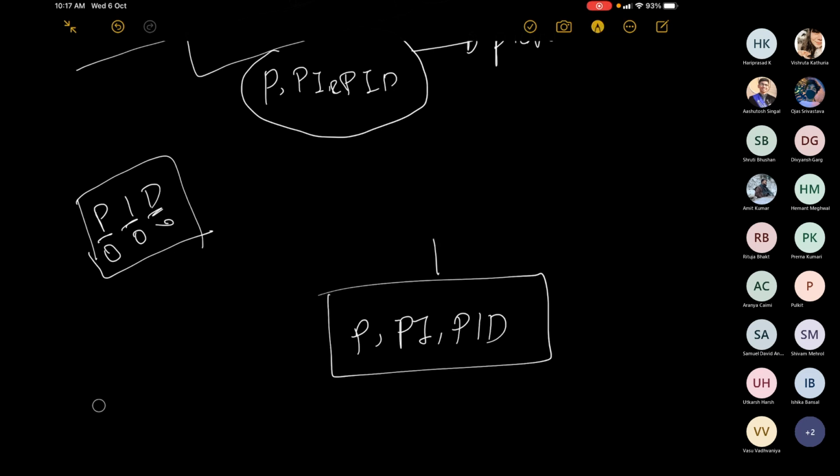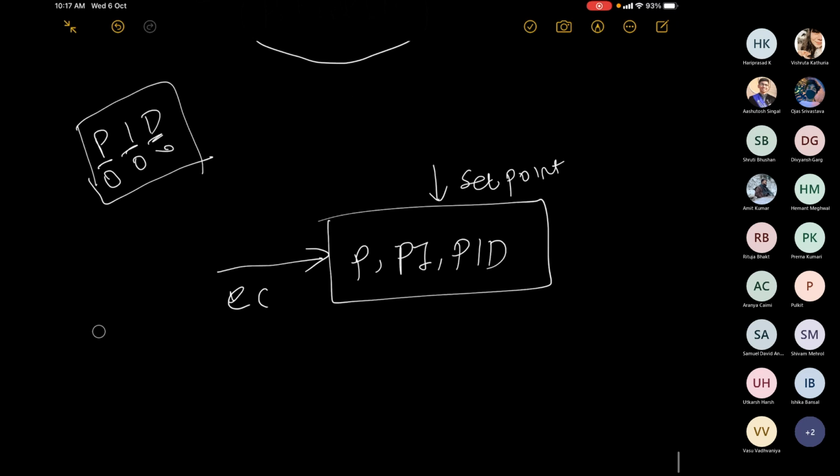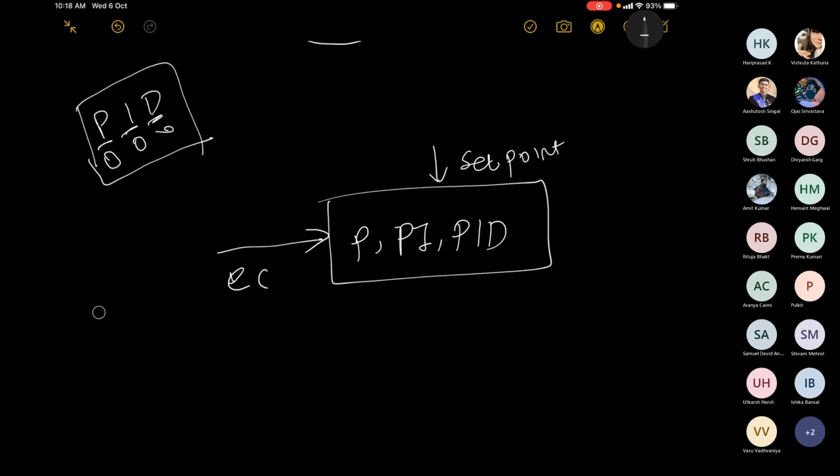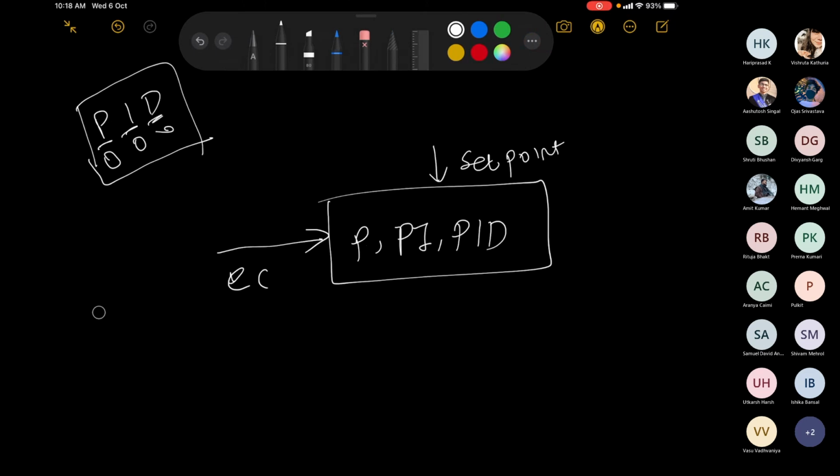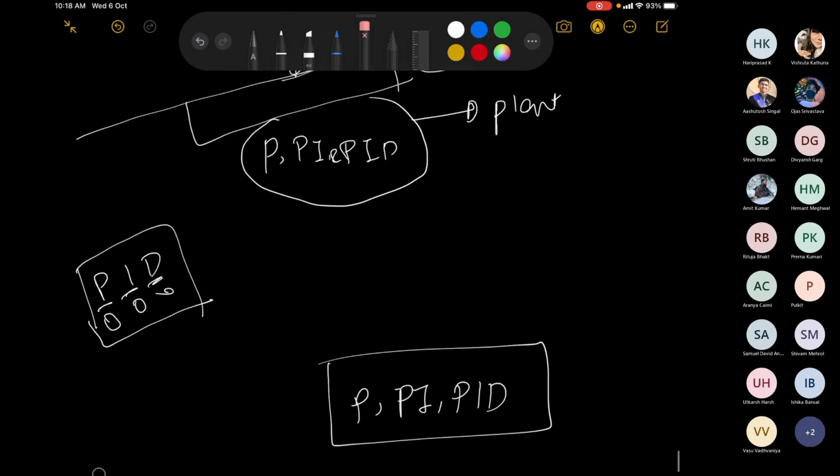So as I told, the set point is the key thing that you need to provide here, because this is external to the system, because whatever is going inside as signal. The one layer, just one more level above is where you send in this.